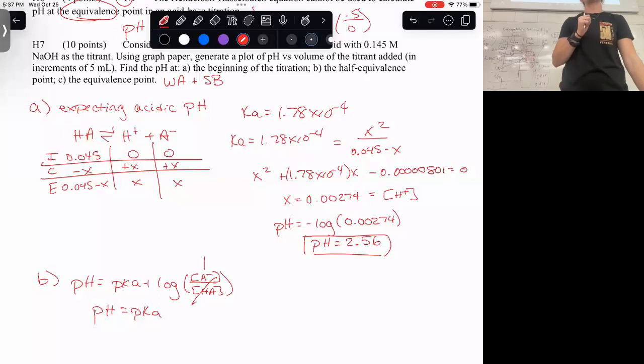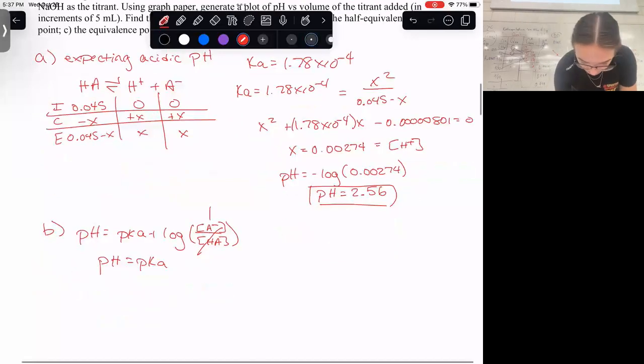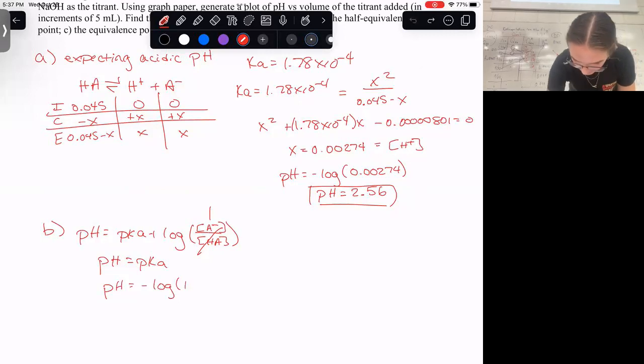How do we solve for pH then? Yep, so now we can take the negative log of Ka, excuse me, that would be the pKa.